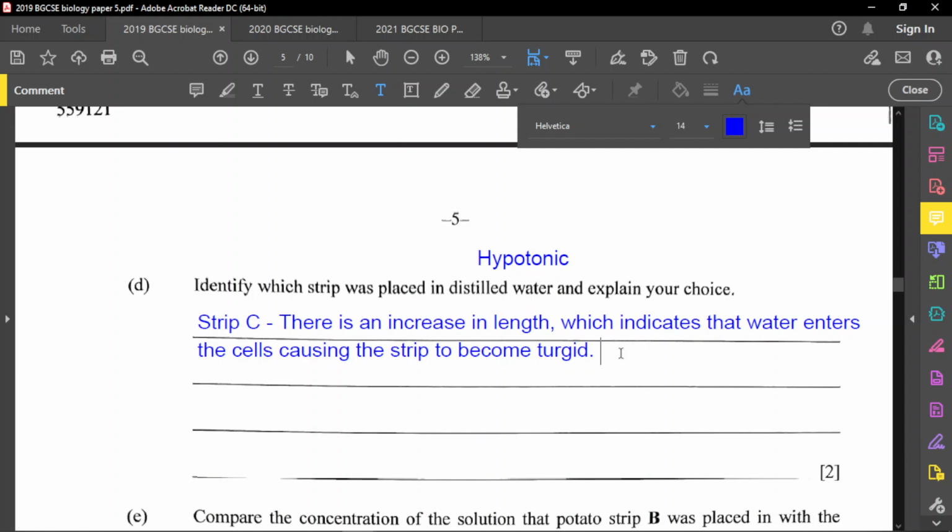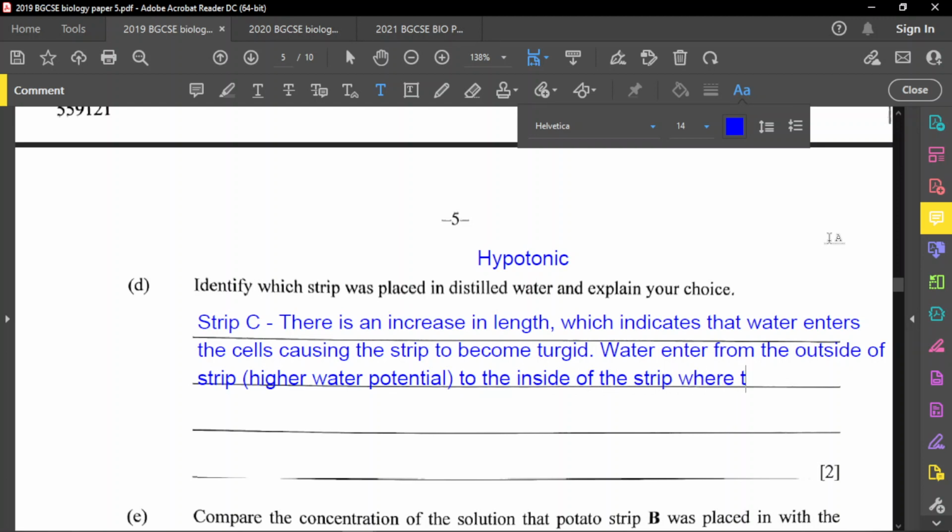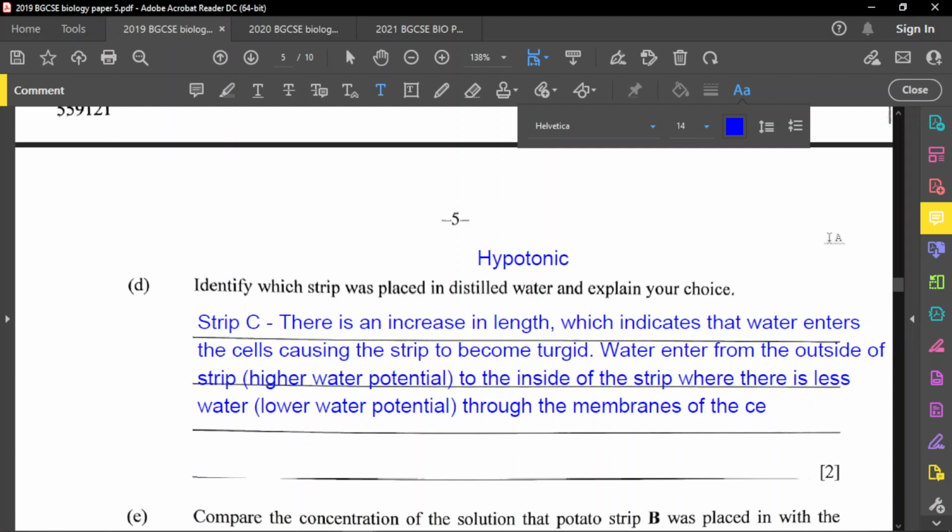All right, so just to make a note of that. Just to explain right here, water enters from the outside of the strip, and I put in here higher water potential or higher water concentration, to the inside of the strip where there is less water, and less water means lower water potential, through the membranes of the cells in the strip.